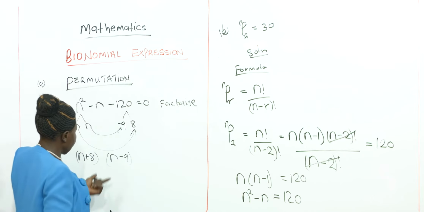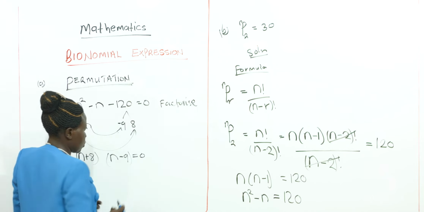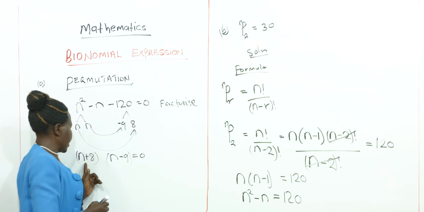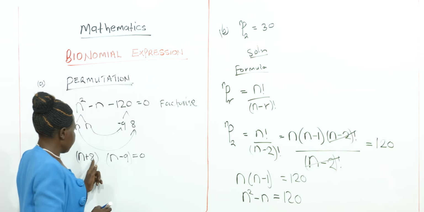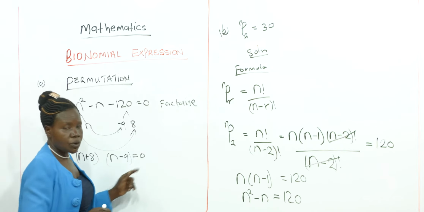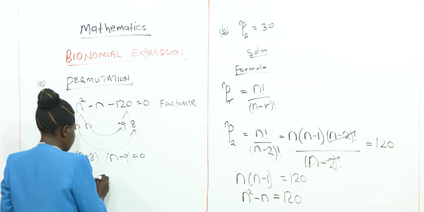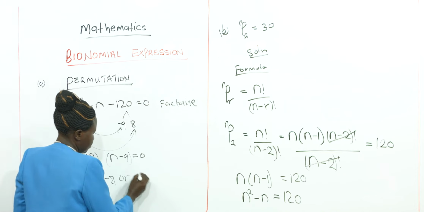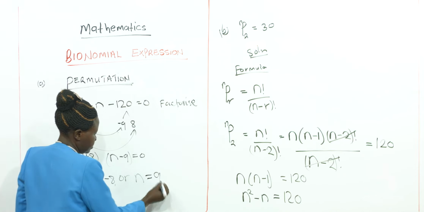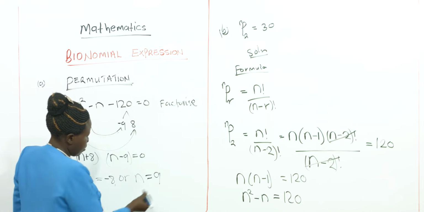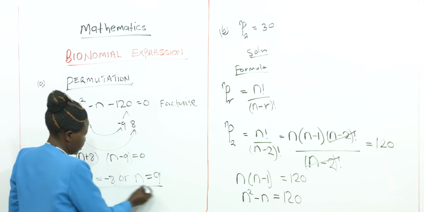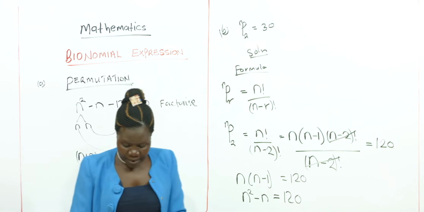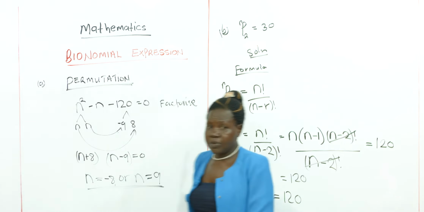So, dear learners, at this point you solve for n. n plus 8 equals 0, of which n alone will give us negative 8, or n minus 9 equals 0, n will give us positive 9. So, dear learners, this is how you find the value of the unknown. Our unknown is given as negative 8 and positive 9.